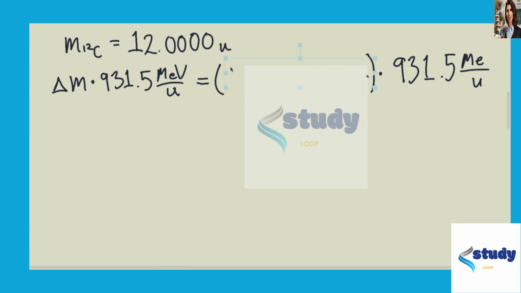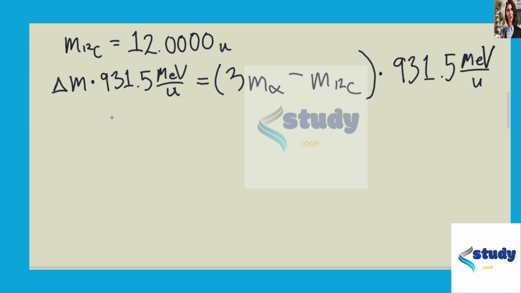We're going to compute this in terms of binding energy, and that is the combined mass of the constituents, which is 3 atomic masses of alpha particles minus the atomic mass of carbon-12. Because right here we have units of mass, we're now going to multiply that by the conversion factor to units of mega electron volts.